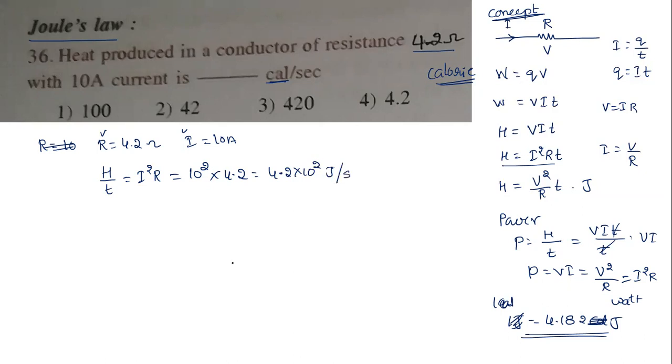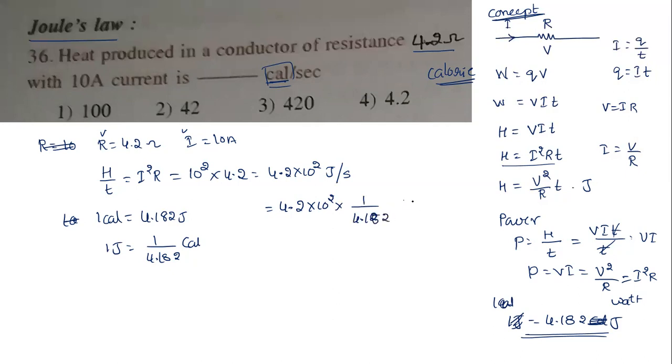Now we want it in calorie. We know 1 calorie is equal to 4.182 joule, so 1 joule is equal to 1 divided by 4.182 calorie. So 4.2 into 10 power 2 multiplied by 1 divided by 4.182 gives calorie per second.